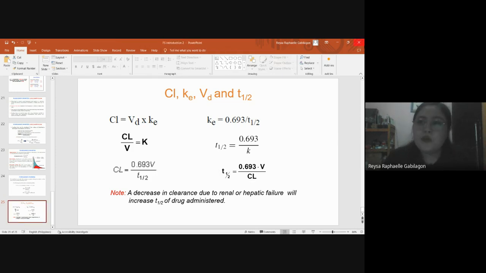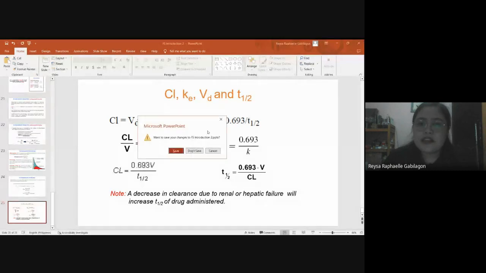So, yun yung compartments and mga parameters natin na ginagamit sa pharmacokinetics. And that is very important for us to know, number one, how much drug are we going to give our patient after, syempre, the diagnosis of the physician, and then determining the correct drug to be given.